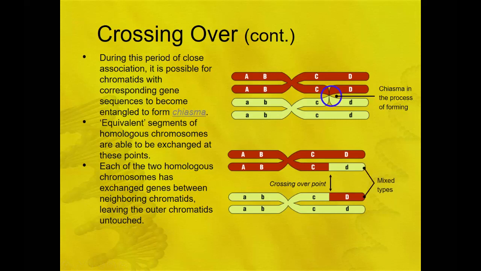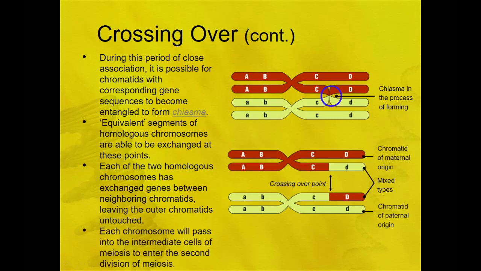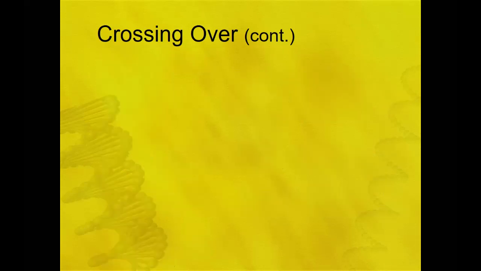So there are your mixed types and your original types, and this is what's going to pass on to the intermediate cells of meiosis I and eventually into the sex cells or gametes. And this is one of our forms of mutation that's going to produce new combinations in the offspring.